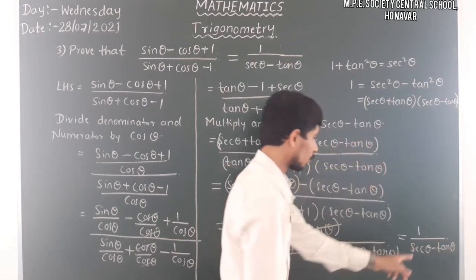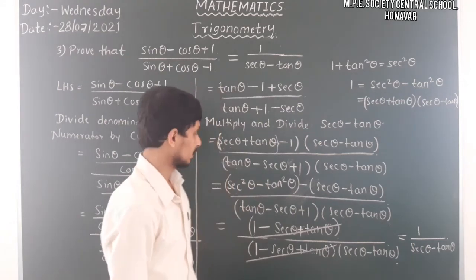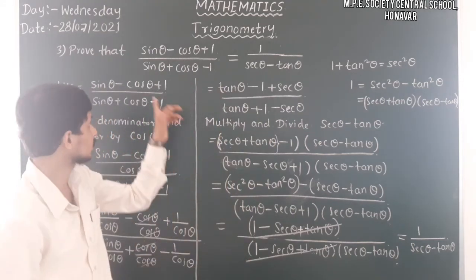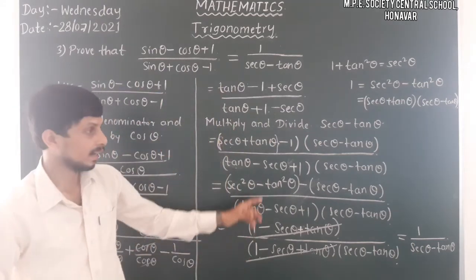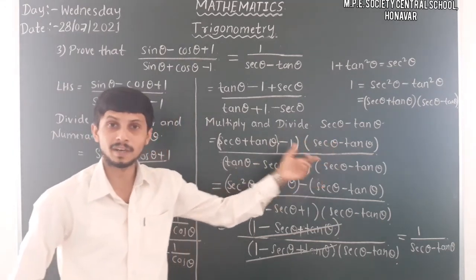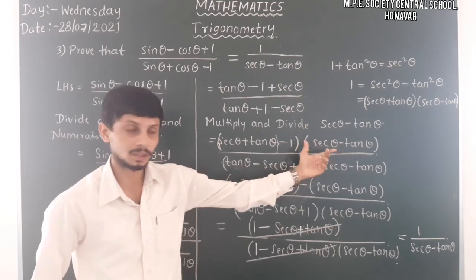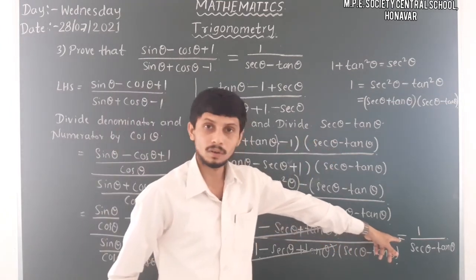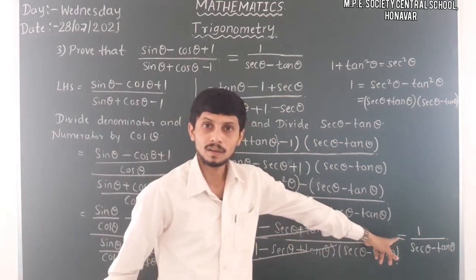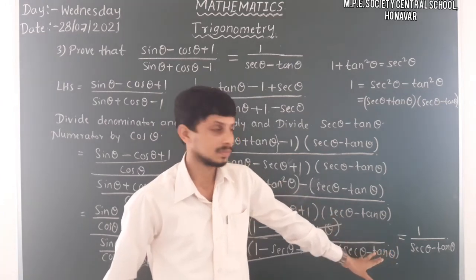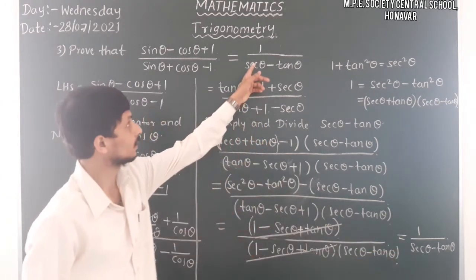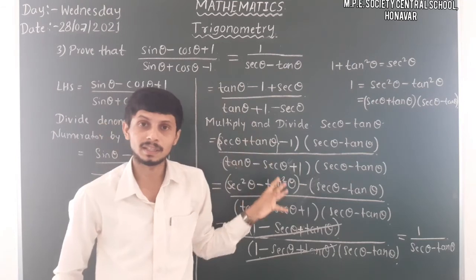This is nothing but RHS, that is LHS is equal to RHS. So we simplified, and sometimes we multiply and divide the numerator and denominator with some term. Then at the end we got the required RHS form, that is 1 divided by secant theta minus tan theta.